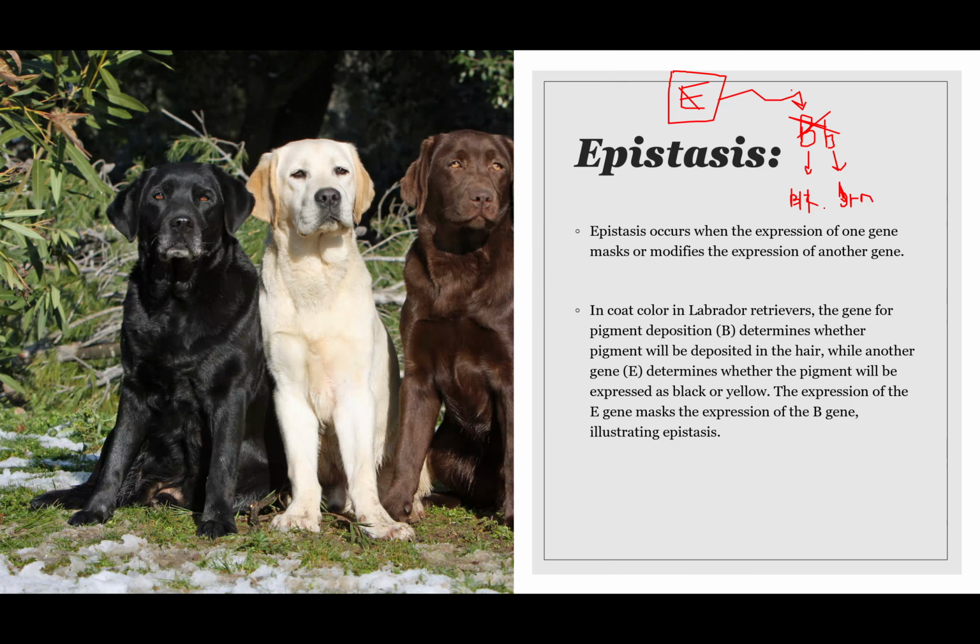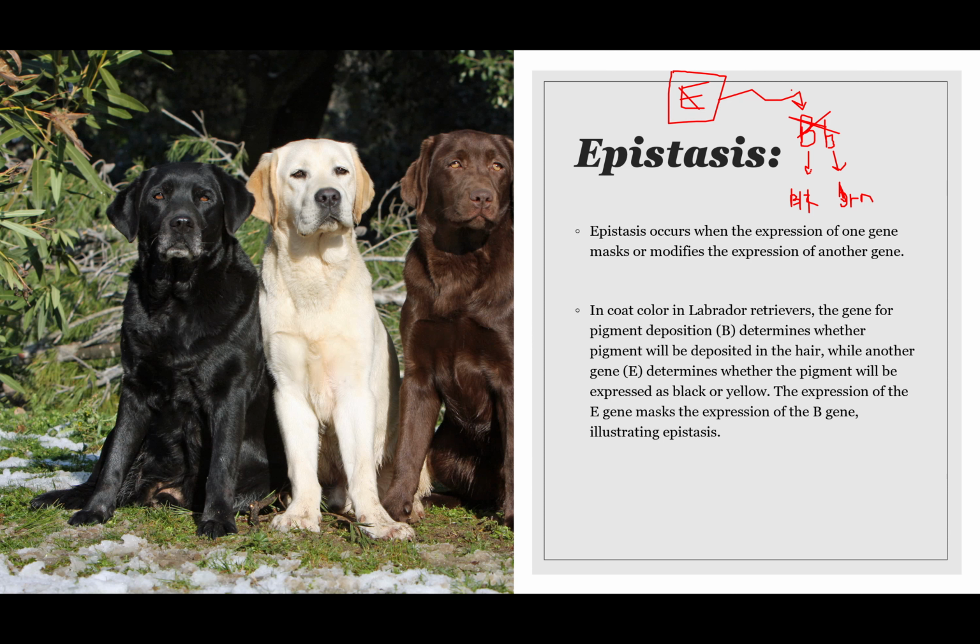Or it could affect it in such a way where it creates something in between. So what we're saying here is not that the epistatic gene is dominant, it's just that it controls something else. That is what epistasis is talking about.